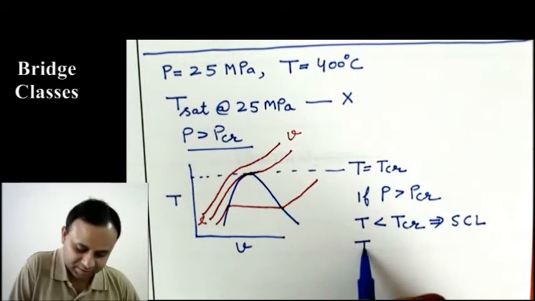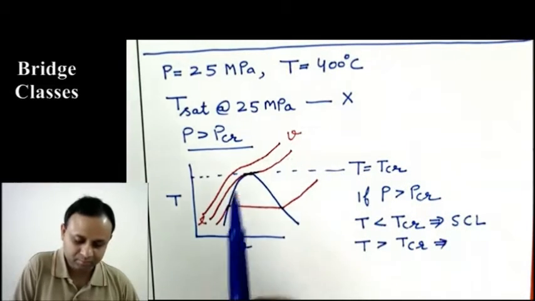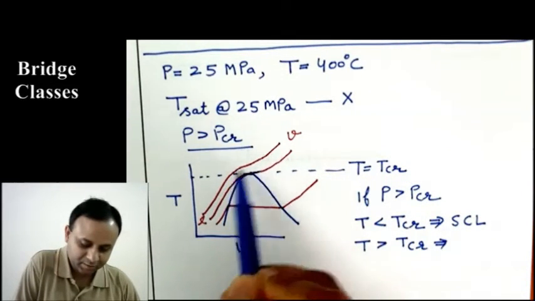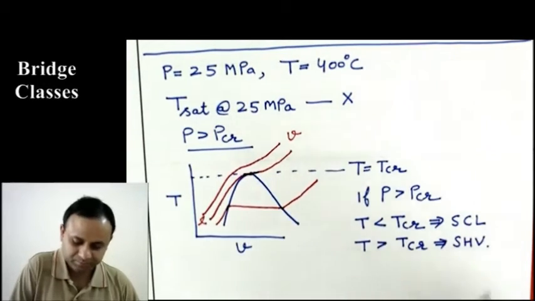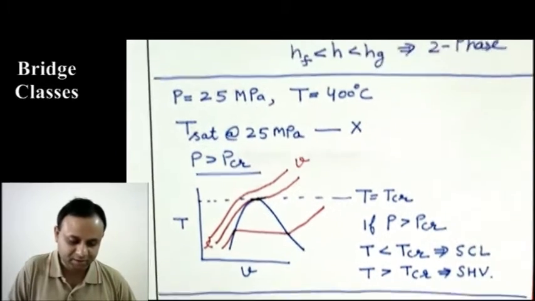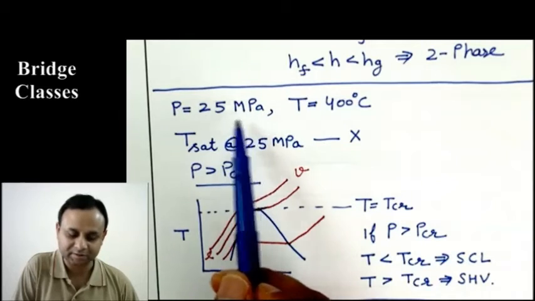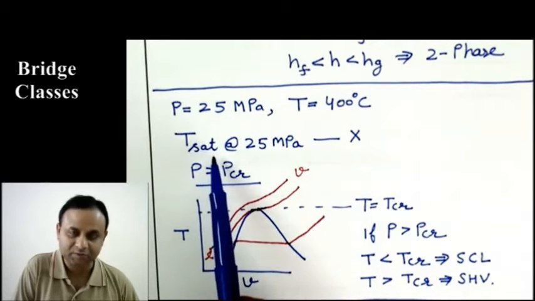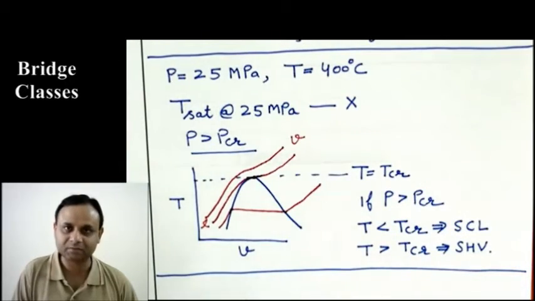And if temperature is above critical temperature, that means above this line, then it is superheated vapor. So that is another addition. This will be the situation if you are given pressure that is supercritical pressure. There is no data for saturation temperature in the table, but still this understanding we can use.